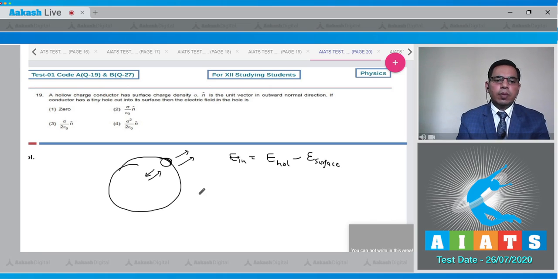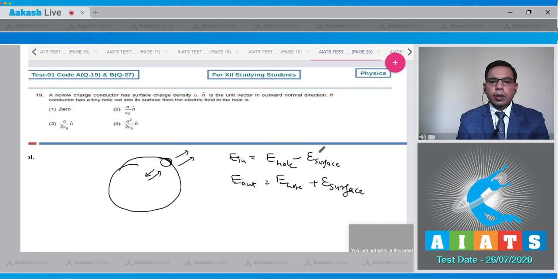Surface means the rest of the part. Here E out will be equal to E hole plus E surface. If we just add both the equations, we will get that E hole is equal to E in plus E out divided by 2.